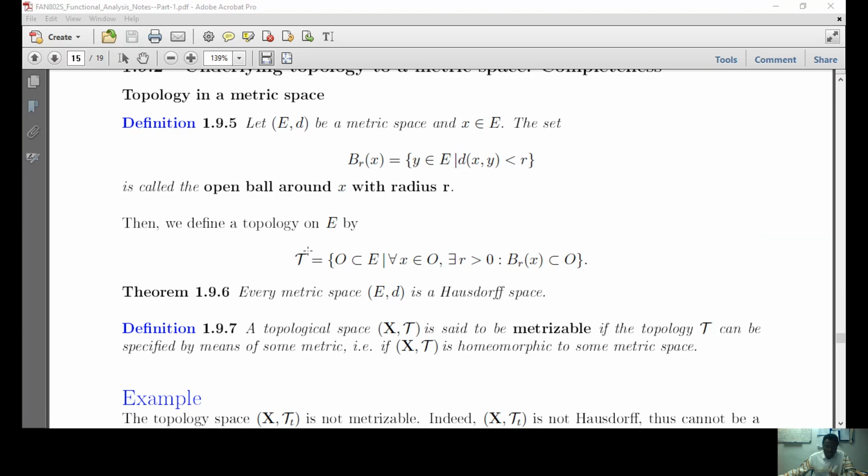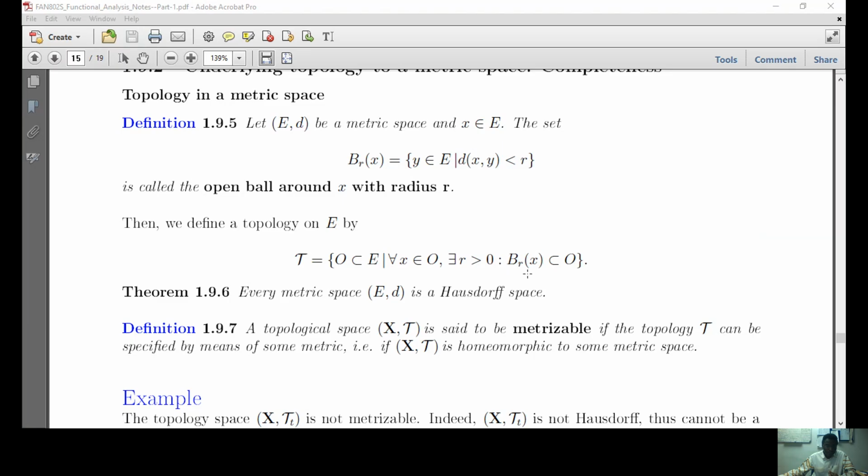So we take the open sets of our topology to be subsets O of E such that for each x in O, O contains a neighborhood of x, one of its neighborhoods, right?